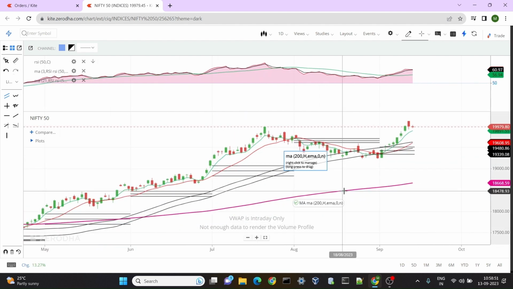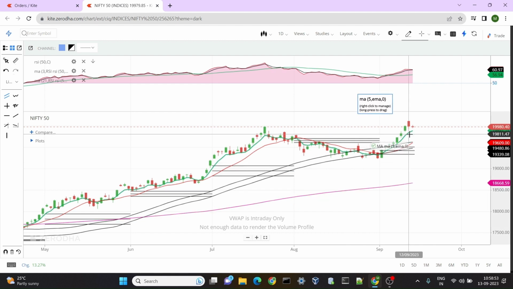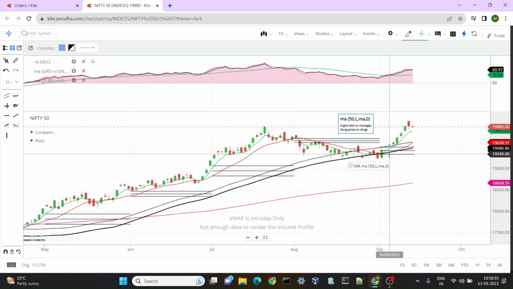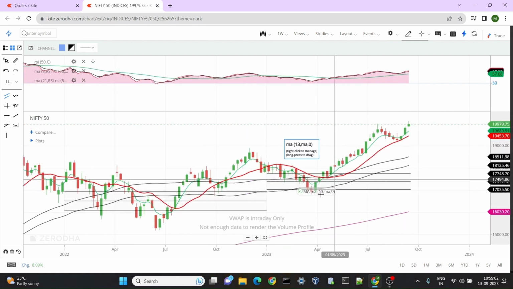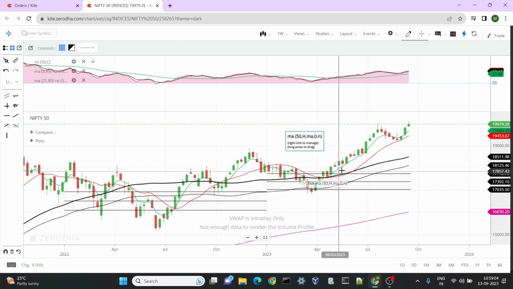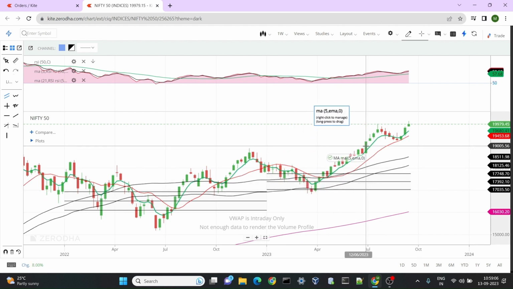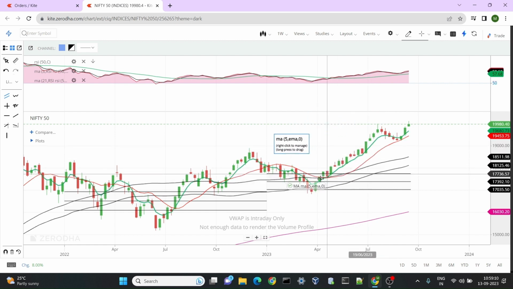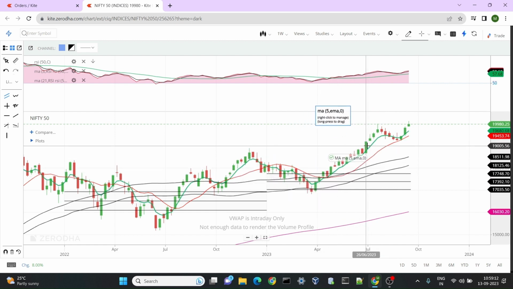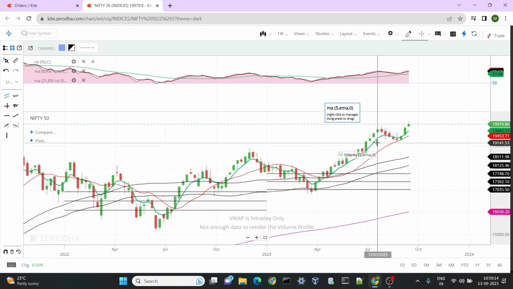Okay, and if you want to do investment, then this 5 is for you. So you apply the weekly chart, and on the weekly chart, whenever you see the current trading price is near this 5, you just invest some amount in that. You can do a monthly SIP on that basis.